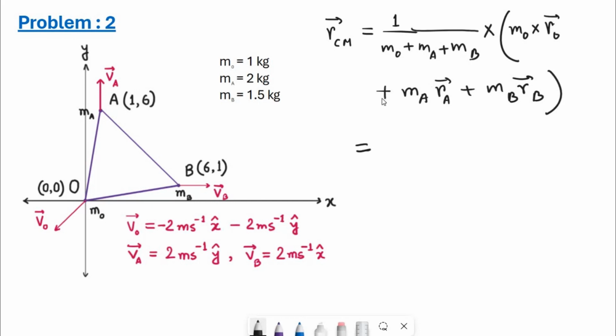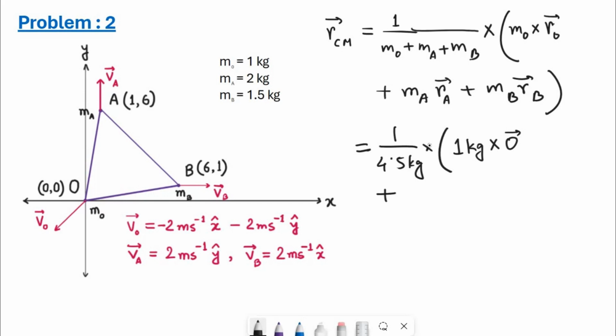So if you add all the masses, you get 1 plus 2 plus 1.5. That's 4.5 kilogram, times, well, MO, which is actually 1 kilogram of mass. I should just simply write 1 kg, but it is multiplied with the position vector of the origin, which is the 0 vector.